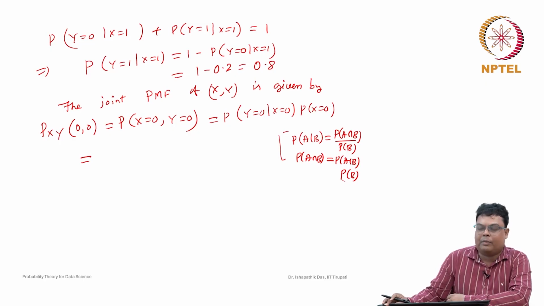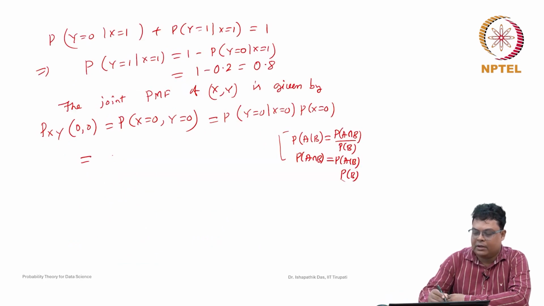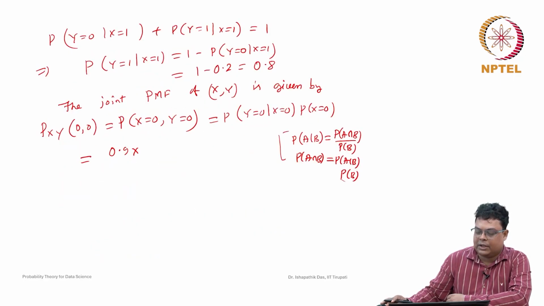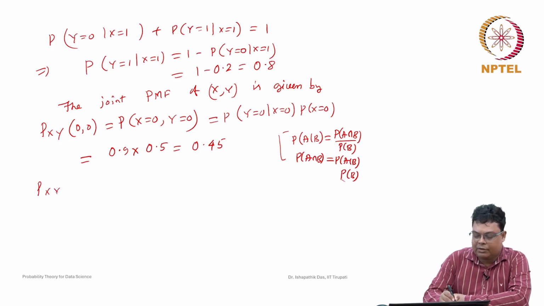The probability of y equal to 0 given x equal to 0 is 0.9, into the probability of x equal to 0, which is given as 0.5. So, this is 0.45. Similarly, you can calculate the other probabilities.